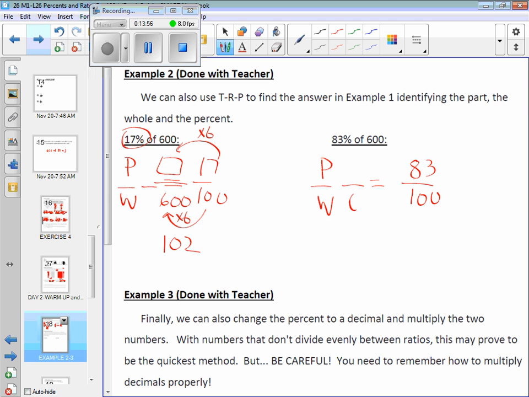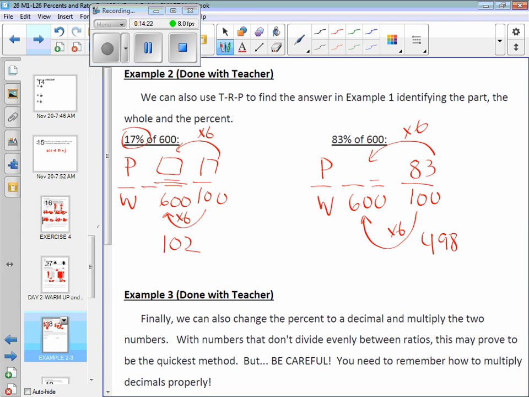The whole is still the whole, and the constant times 6 is still the same. Don't redo it if you did it on the previous page, because you did it with your 10 by 10 grids. What's 83 times 6? Tom. 498.